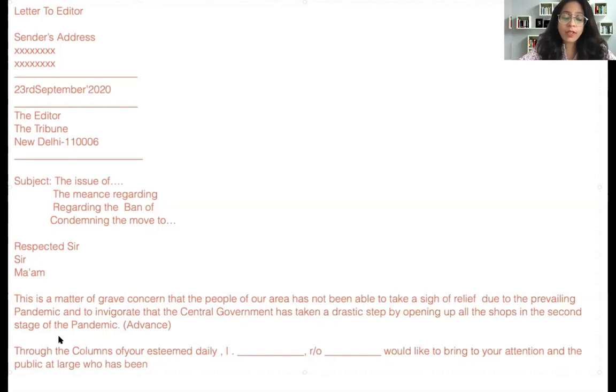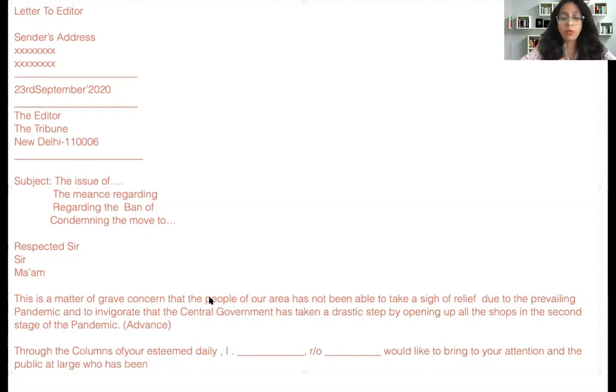Then you would have to write the salutation, that is respected sir, or simply you can write sir or madam. And then it is the introductory line, for the people who have a flair in the language and can develop on their own. This is some advanced level. You can still walk on my steps by using words like invigorate, or this is a matter of grave concern to begin with.